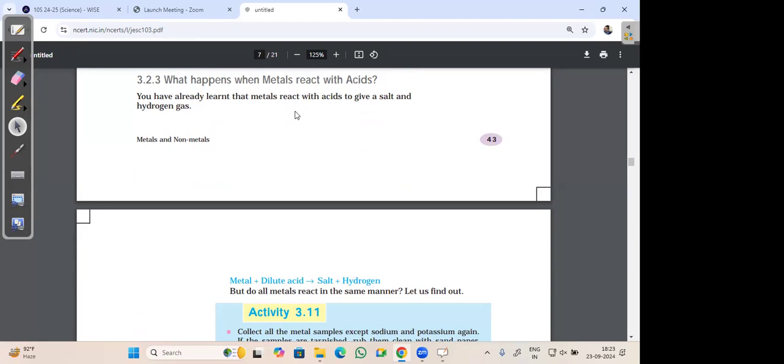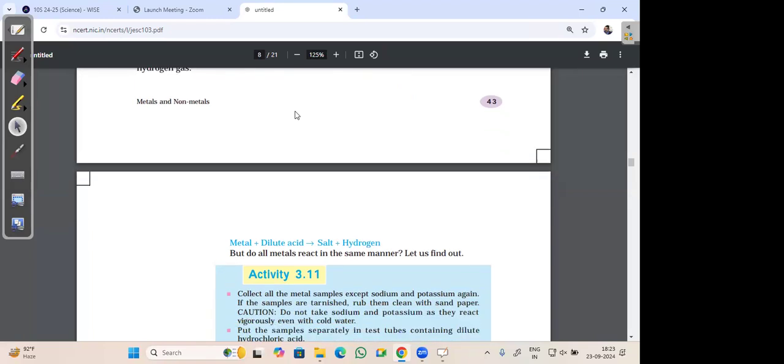salt and hydrogen gas. So salt and hydrogen gas are released. We had seen that nitric acid, when it reacts with any of the metals, does not release hydrogen gas. So why does nitric acid not release hydrogen gas?